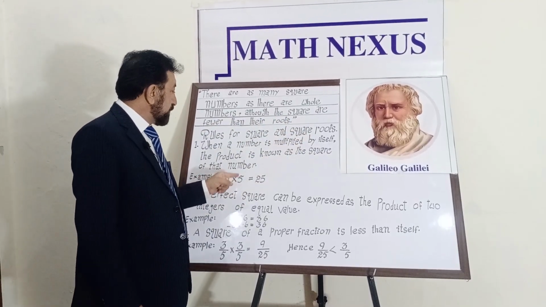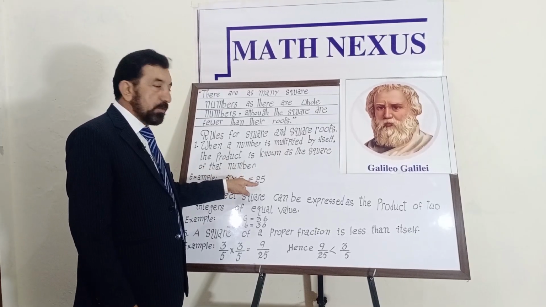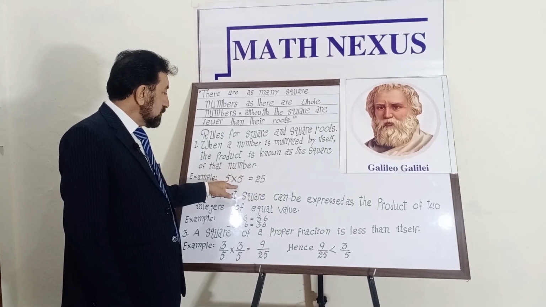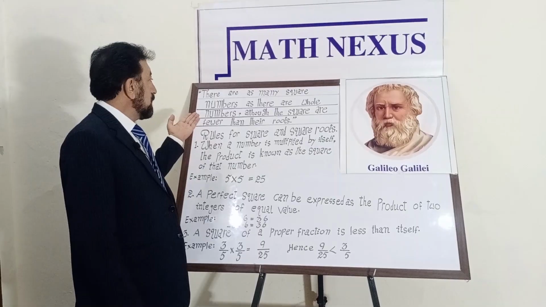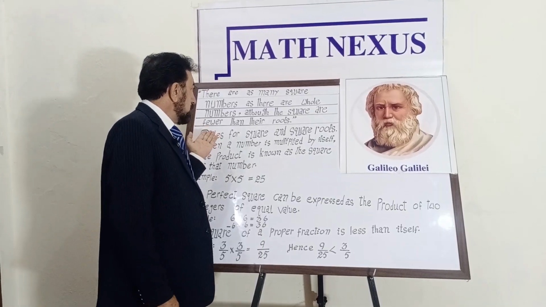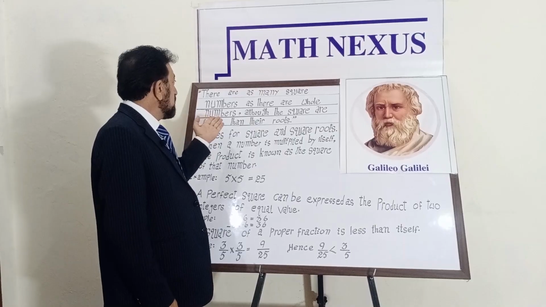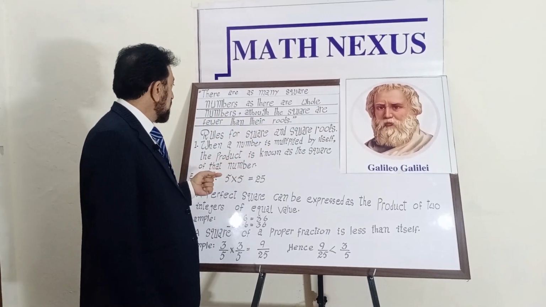For example, 5 into 5 equal to 25. 25 is a square whose root is 5. Roots are in large quantities and squares are in lesser quantities.